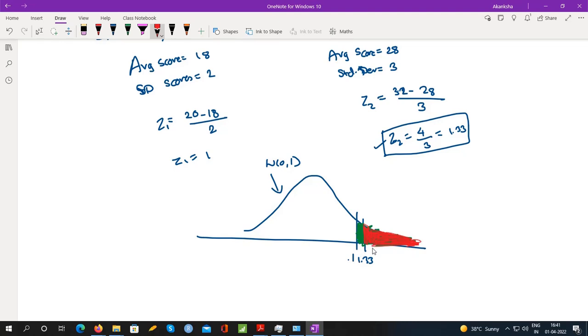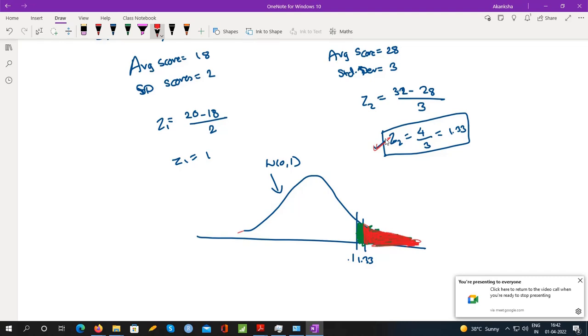Can you see in this graph? Is it okay? Am I audible? So that's why we will say that this person has performed better.